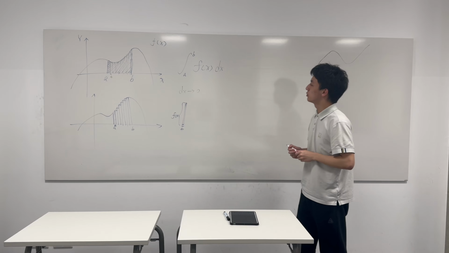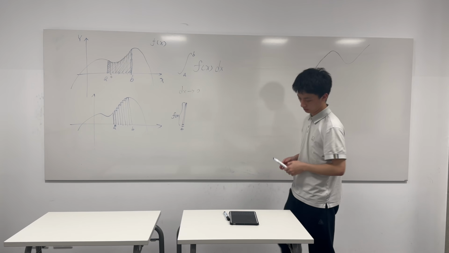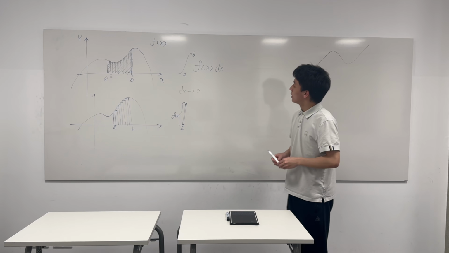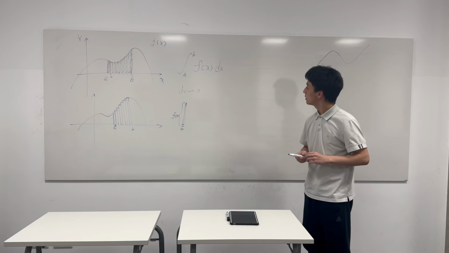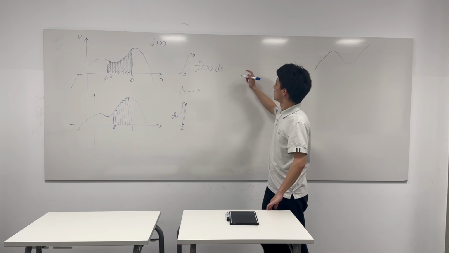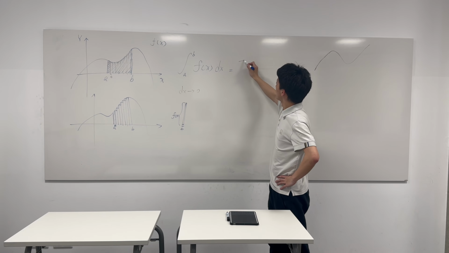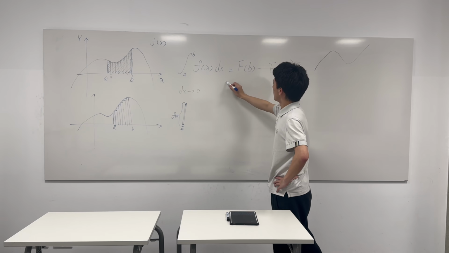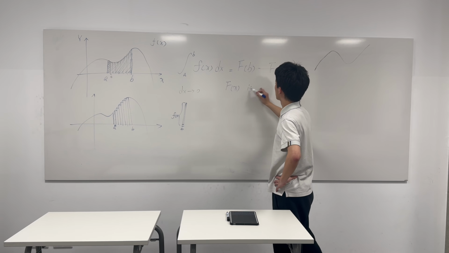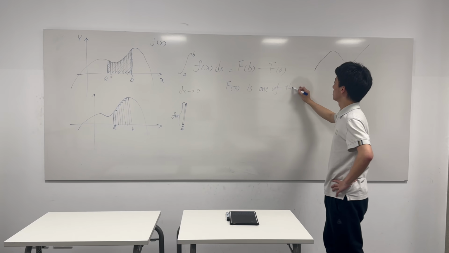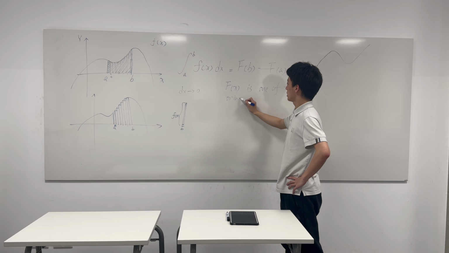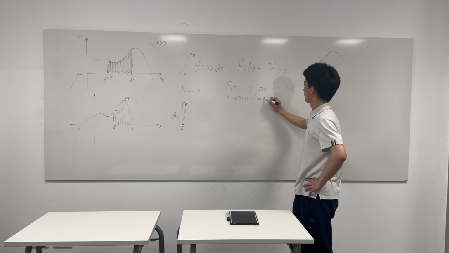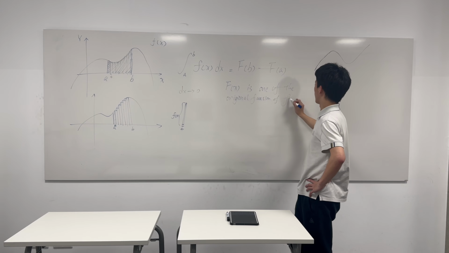We have the Newton-Leibniz formula. We know that the definite integral is equal to F(b) minus F(a), where F(x) is one of the original functions of f(x).